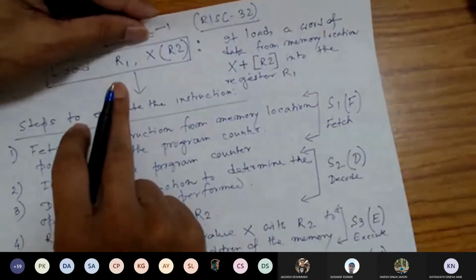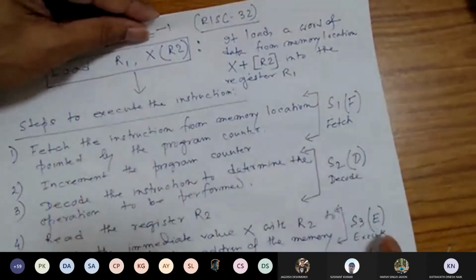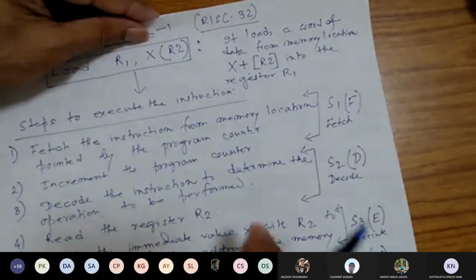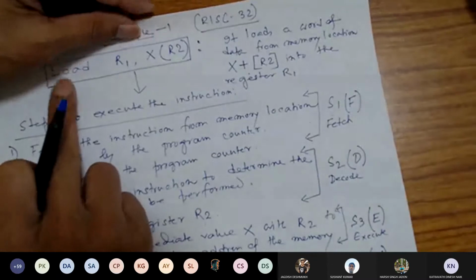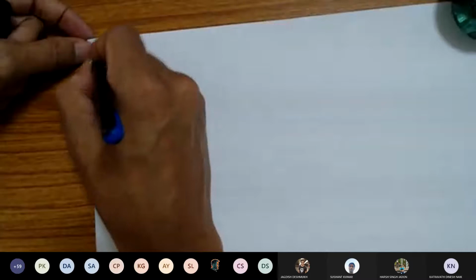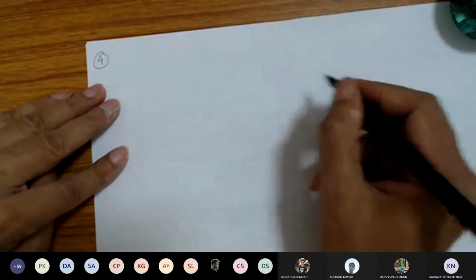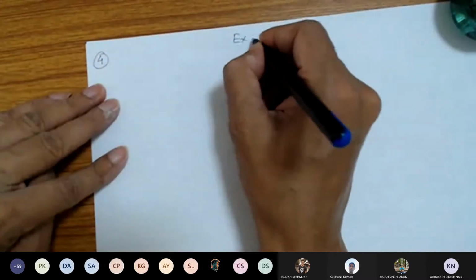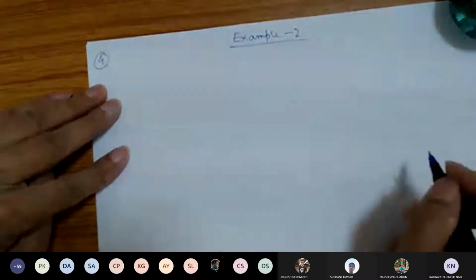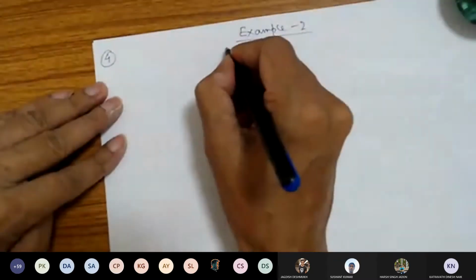Now we shall explore whether the same sequence can be used for executing other instructions. We have only seen one instruction, load. We have many other instructions within the same RISC framework we are talking about. So now let's take example 2. Arithmetic and logic instructions.